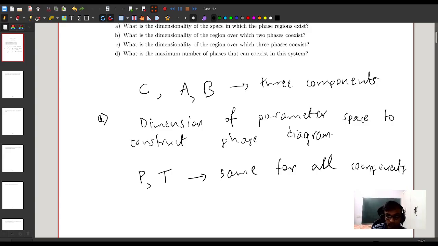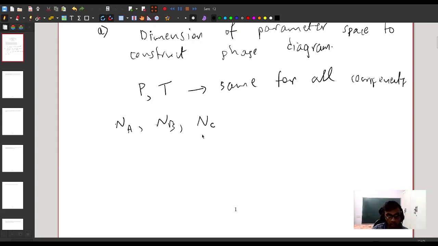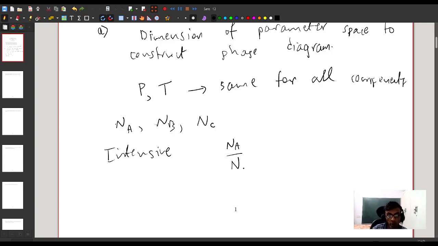All right, and what else? We must specify the number of molecules of A, of B, and of C. But if you look at the intensive quantities, the concentration of A, or the fraction of molecules of A, and the fraction of molecules of B, these are sufficient. So N is the total number of molecules.